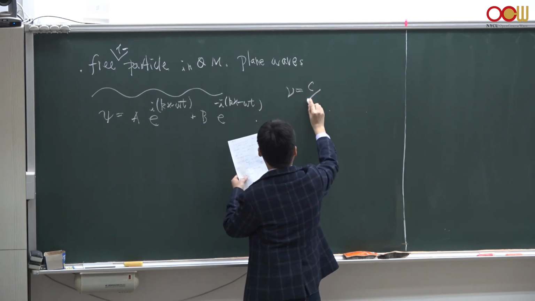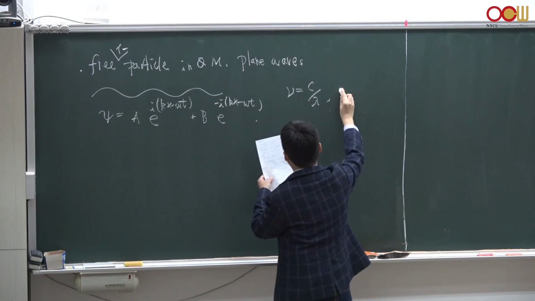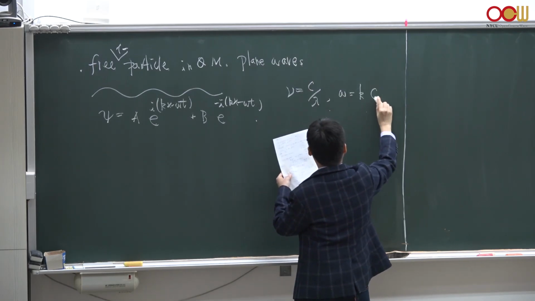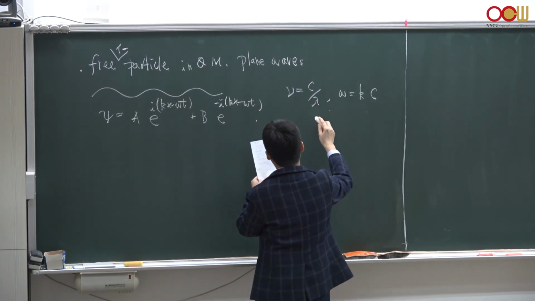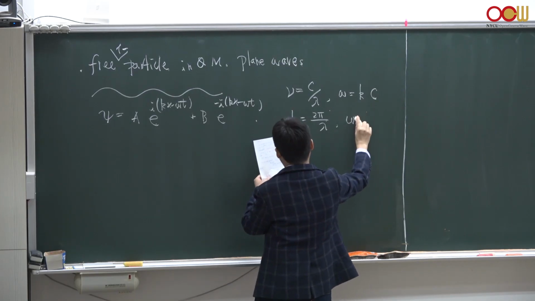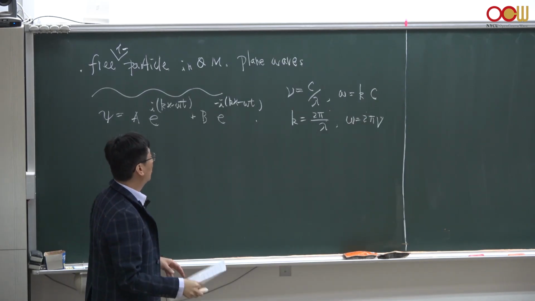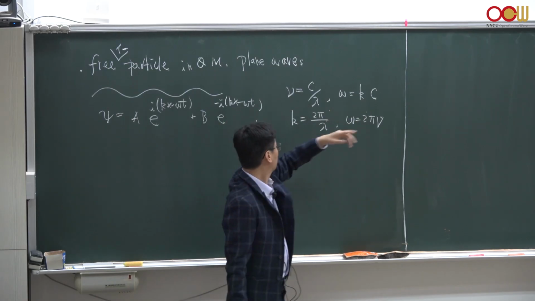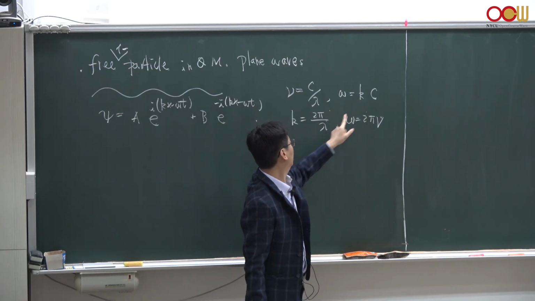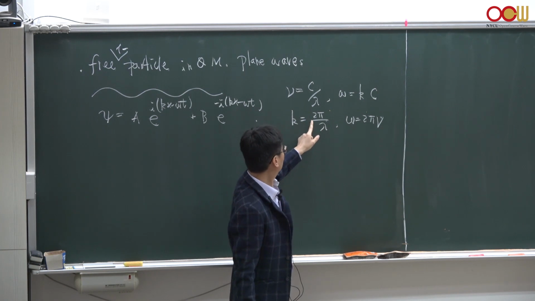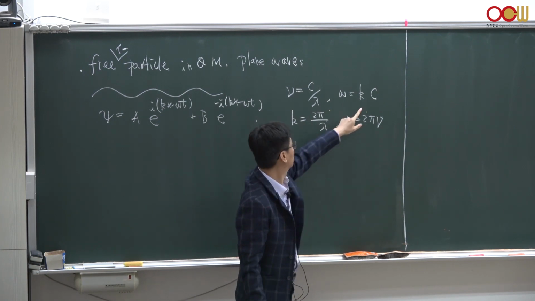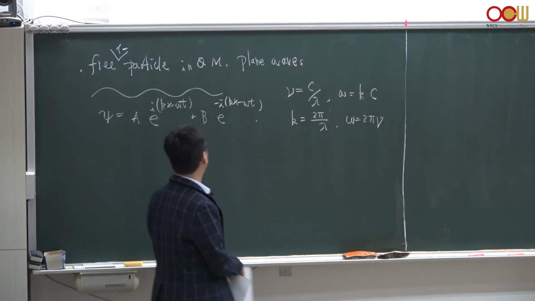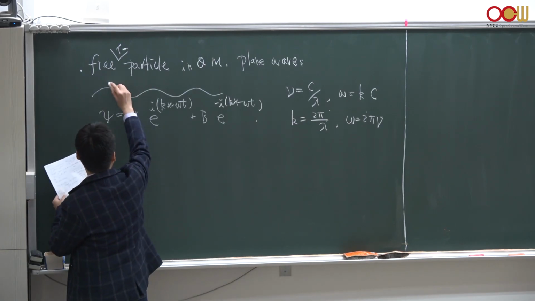As a result, it satisfies the de Broglie relations and also a very simple relation as for light or electromagnetic waves, such that omega, the angular frequency of this quantum particle, is the wave number k, defined as 2 pi over lambda, where lambda is the wavelength, times c. c is the velocity of that single particle.